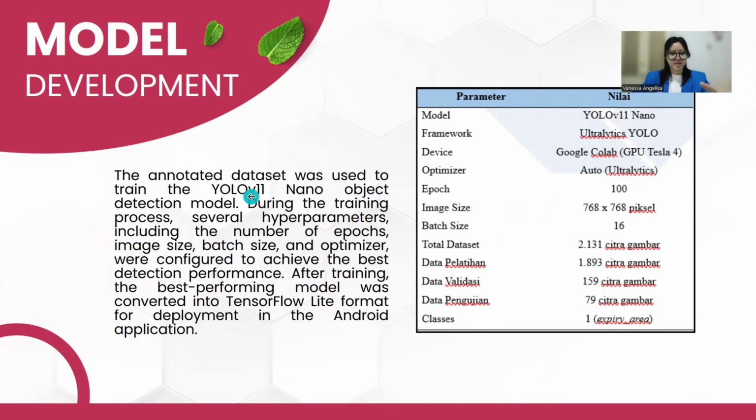Several training parameters, including the image size, batch size, and the number of epochs, were configured to achieve the best detection performance. After training, the best performing model was converted into TF-Lite or TensorFlow-Lite format to be easily deployed to Android devices.